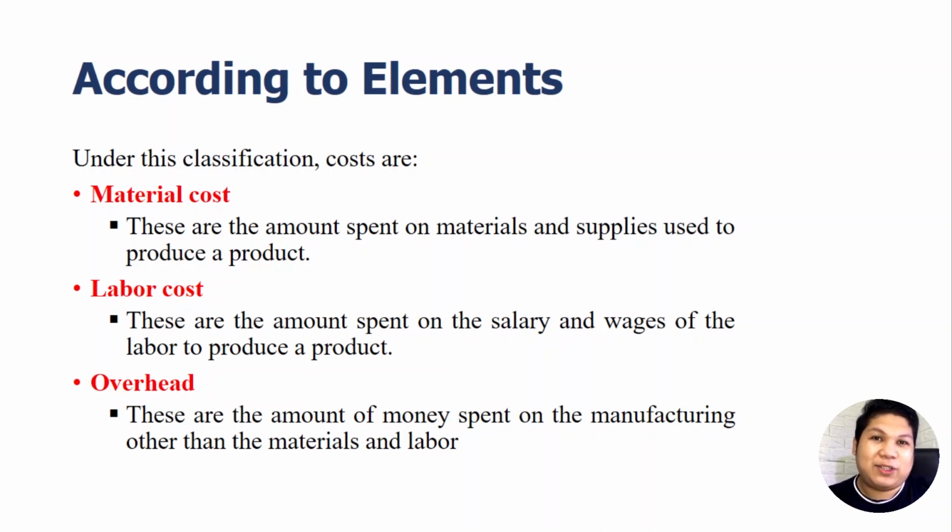For example, again in baking, when you are producing a bread or a pastry, aside from the flour, sugar, and milk, and aside from the wages and salaries of your baker, you would need things like electricity and water, which are neither material costs nor labor costs. So these are considered overhead. Any costs which cannot be classified as material cost or labor cost are considered overhead costs.